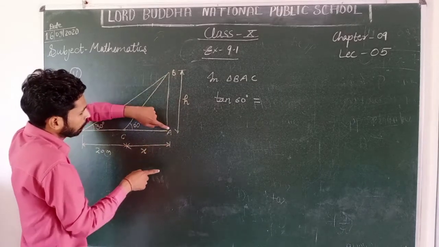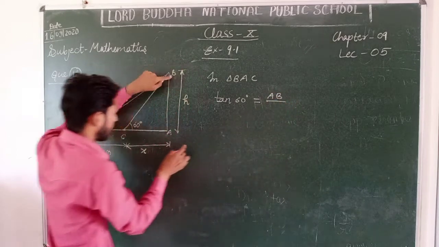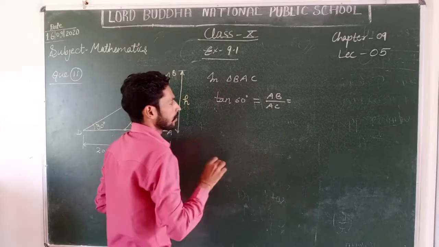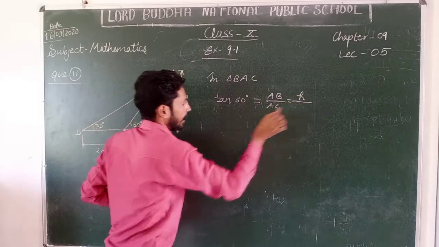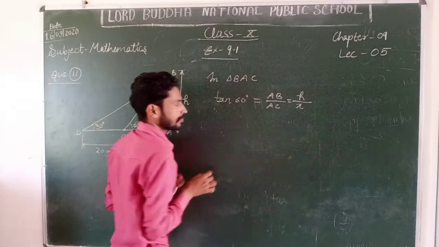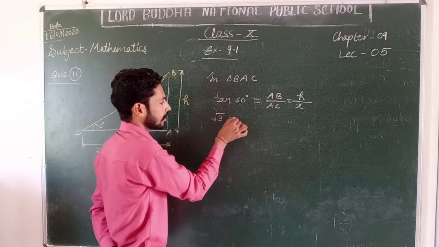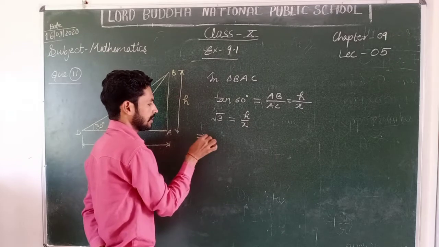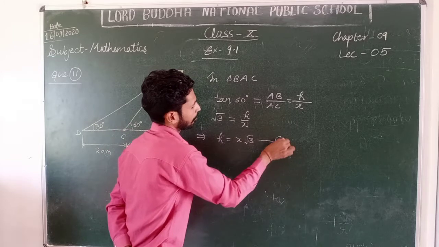In place of perpendicular is the height of the tower, that is AB, divided by the base AC. That is equal to, in place of AB, the height of the tower h, and the base AC is x. Now what is the value of tan 60? That will be root 3 equals h upon x, and hence h equals x root 3. That is equation number first.